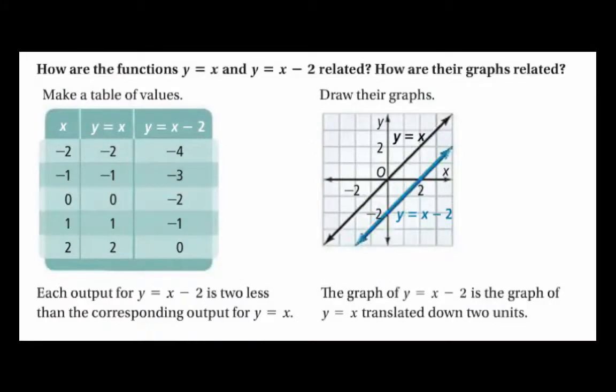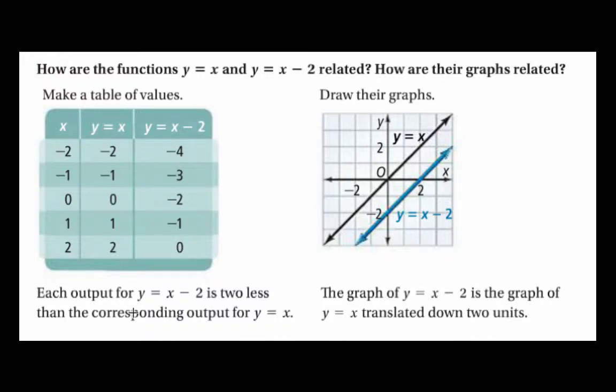Okay, so how are the functions y equals x and y equals x minus 2 related? How are their graphs related? One way we could analyze this is to just make a table of values. Here are our x values, here are the y values that go with the equation y equals x, and here are the y values for the equation y equals x minus 2.